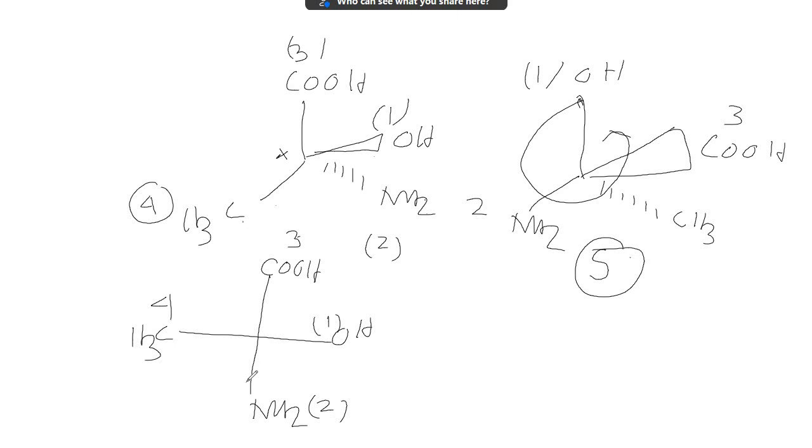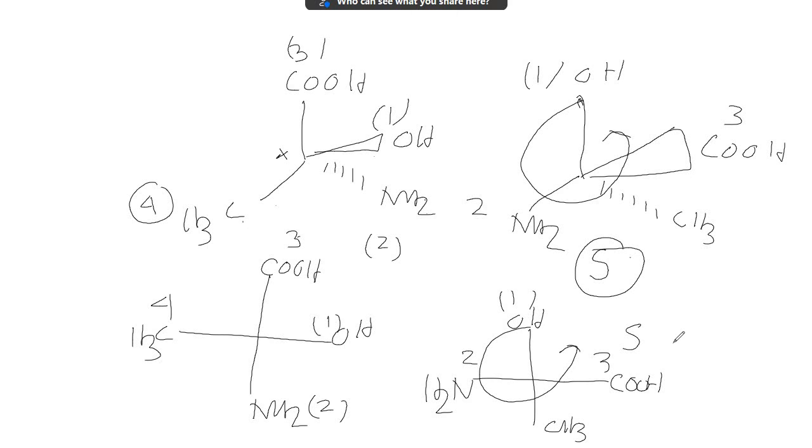Now I have interchanged the positions between 2 and 4. So CH3 comes over here, NH2 goes over there, then OH comes over here, COOH over here. Now it was 1, 2, 3, so anticlockwise it is S. I hope it is clear to you how to find the absolute configuration based on the flying wedge form or Fischer projection form, and how to convert flying wedge form to Fischer projection form.